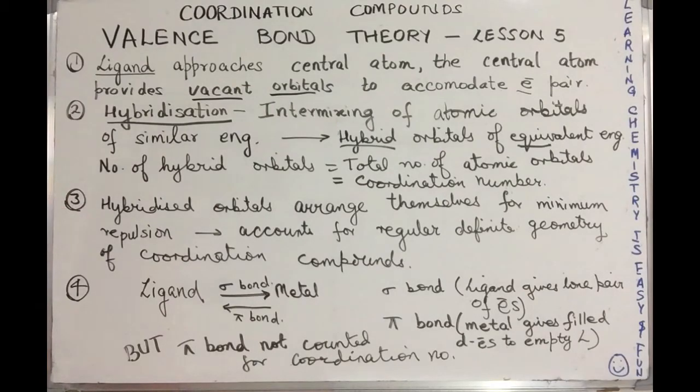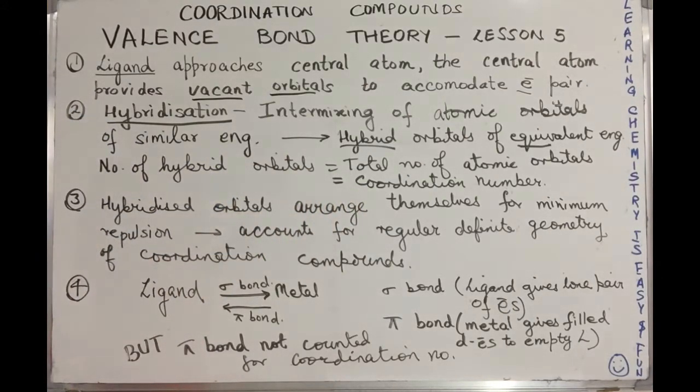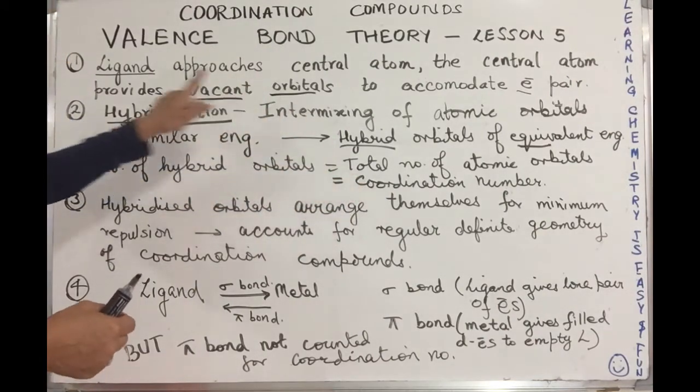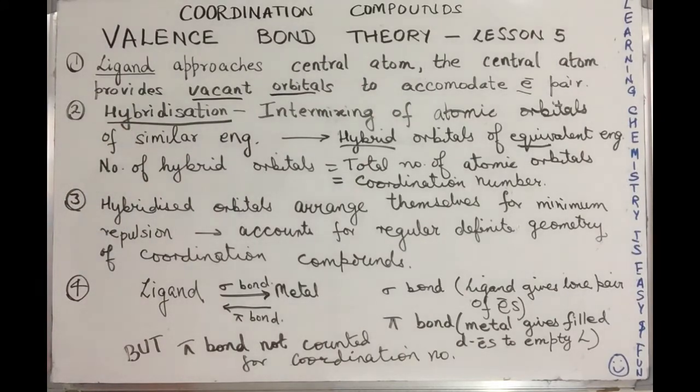I will be coming to that as well. And this is also equal to the coordination number of that central atom. If any of these words like ligand, central atom, coordination number are not familiar to you, please go to lesson 1 in this series, and all these concepts will become very, very clear.